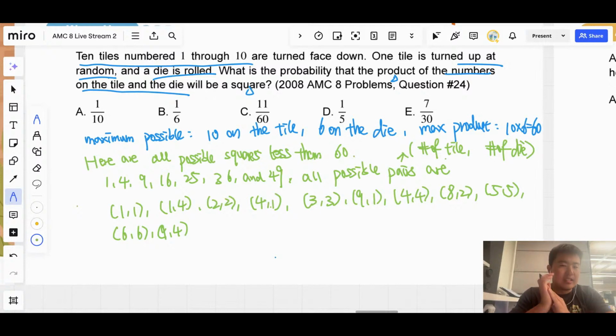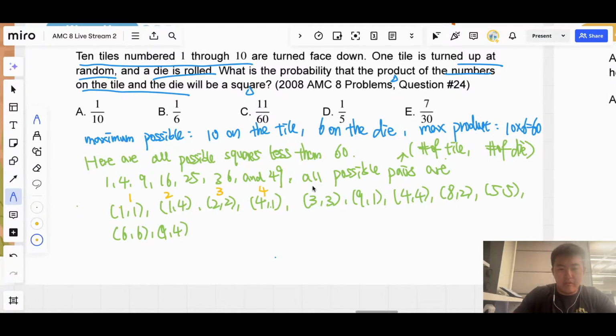So 9, 4. Can we have 49? Although 49 is less than 60, less than the upper bound, this requires a 7, 7. The maximum number you can have on a die is 6 because it only has 6 faces. You cannot have a 7 on a die. That's not even possible, right? So that's not a case we need to consider. So let's just count it, okay? Let me use a different color for better visual purpose. So that's 1, that's a 2.